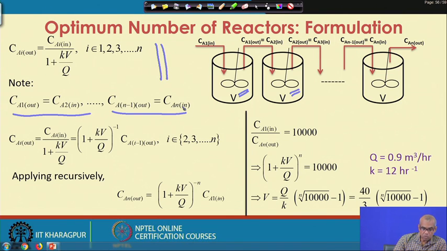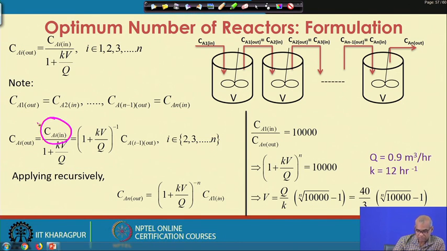So, now combining this and this, we can write that Ci out equal to Ci in by 1 plus kV by Q, and this Ci in is basically Ca i minus 1 out.